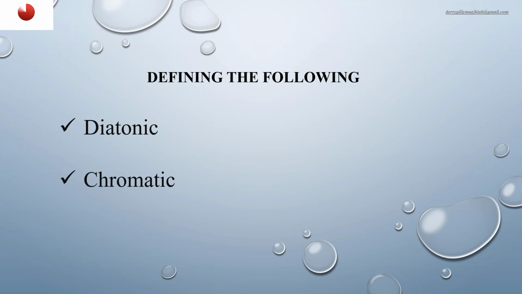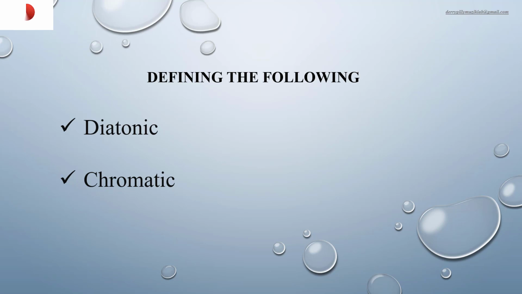Then we can also talk about the word chromatic. The word chromatic comes from the Greek word chromos, which means color. Now, in early music, this term was employed to describe pitches lying outside of the theoretical collection of pitches and pitches that were altered for various reasons.